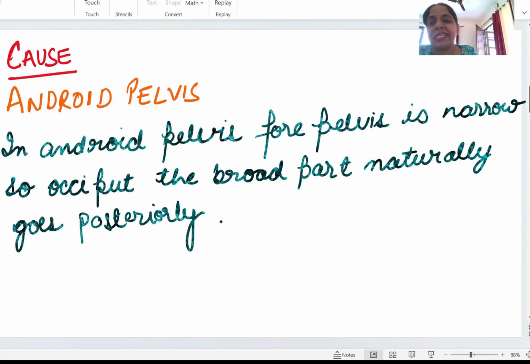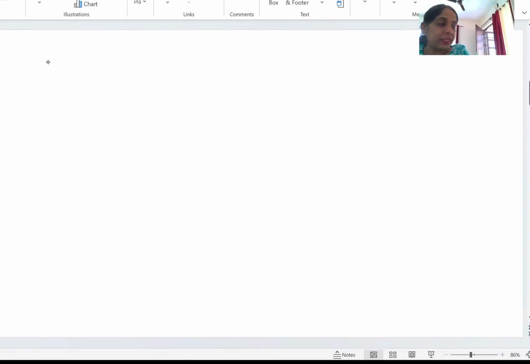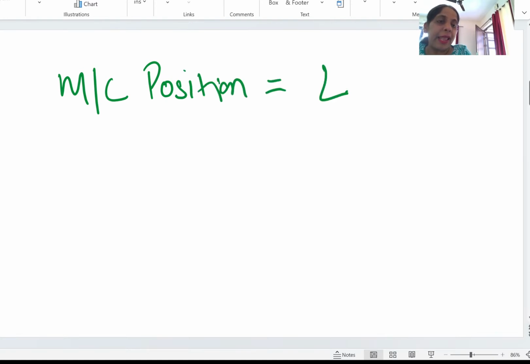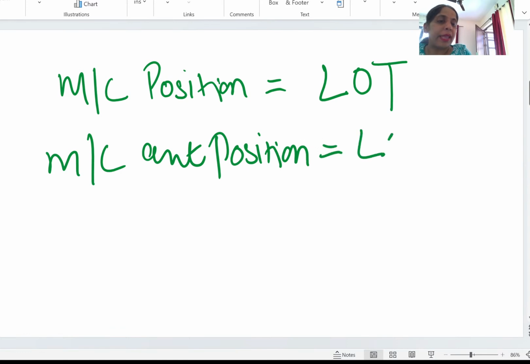No, LOT is more common. See, most common position is LOT. Most common anterior position is LOA.